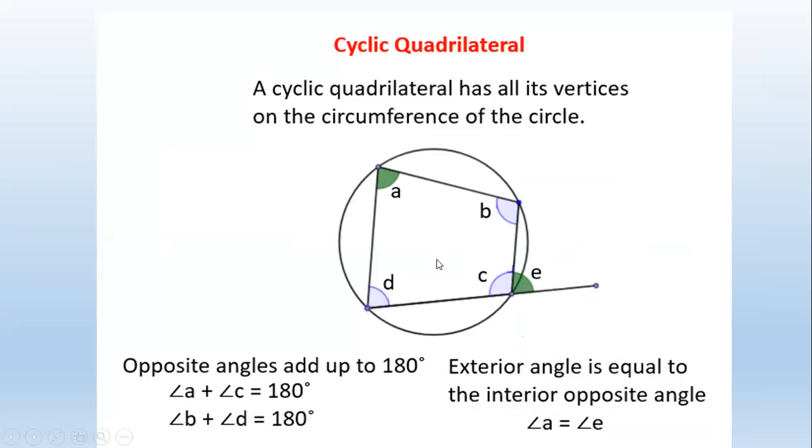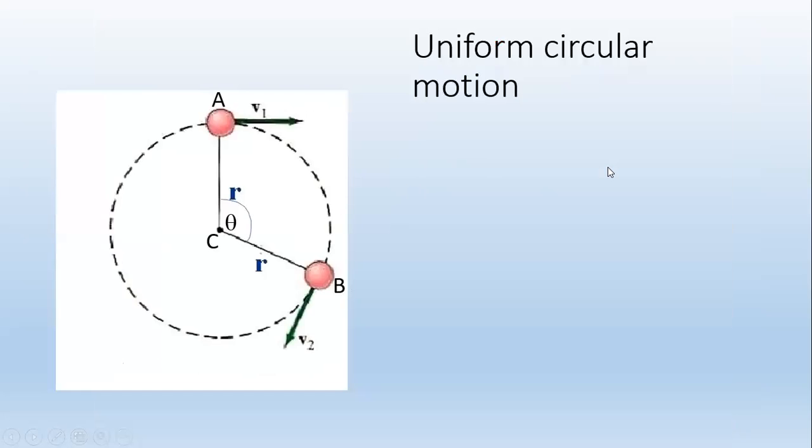Okay, we are going to use this idea. If it's a cyclic quadrilateral, these two angles add up to 180 degrees, or these two add up to 180 degrees, and that angle equals this angle. The other thing that we are going to use: this is 90 degrees, this is also 90 degrees.